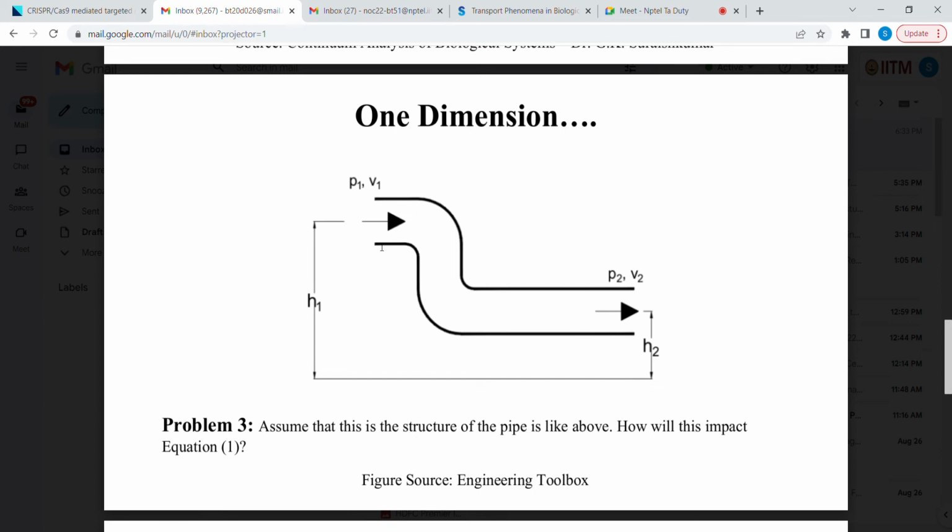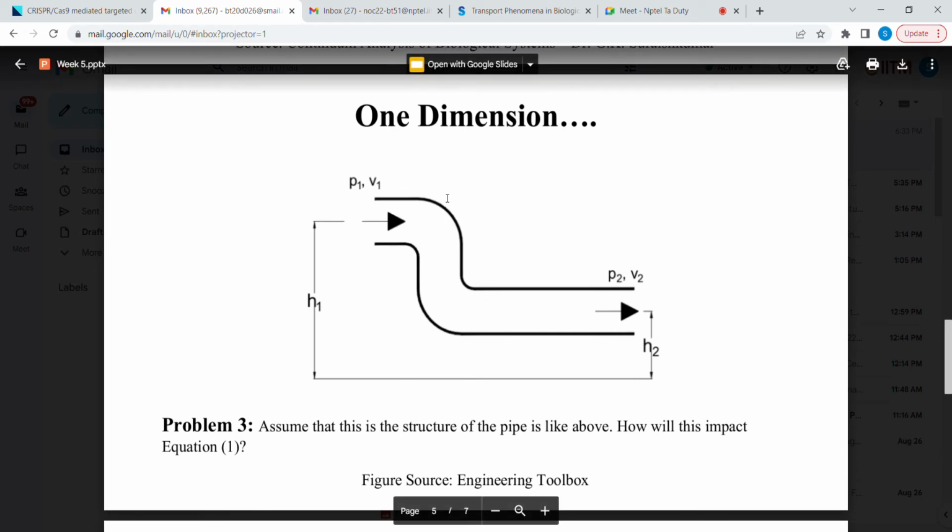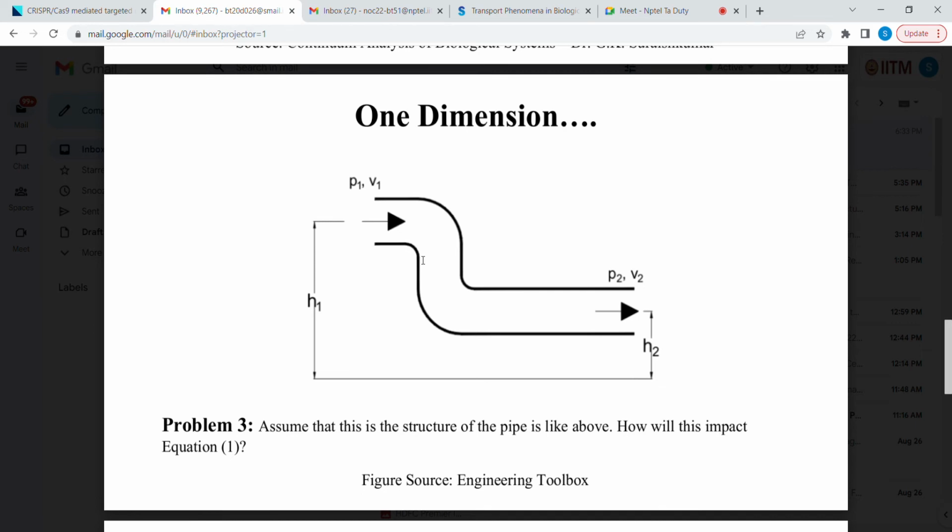The distance here, Z1 and Z2 here is 0, and Z1 and Z2 here is 0. So these two can be defined by one set of equation, and this can be, in this case also, Z1 and Z2 equal to 0. However, we can't say that, right?